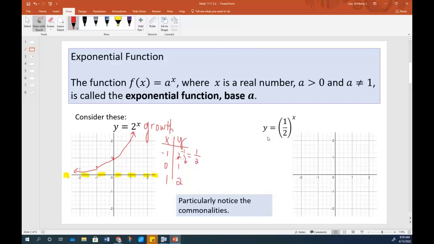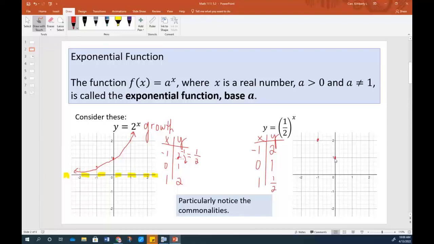On the other hand, this one, if I were to make a table of values, if I raise it to the 1, I get itself. Anything raised to the 0 is 1. And if I raise it to the -1, it actually just moves both of these numbers across the fraction bar, or in other words, flips it over. So that becomes 2. So at -1, we get 2.